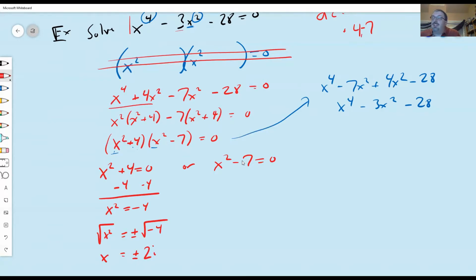Over here with the x squared minus 7, same thing. Plus 7, we have x squared equals 7. Square root both sides. x equals plus or minus the square root of 7.